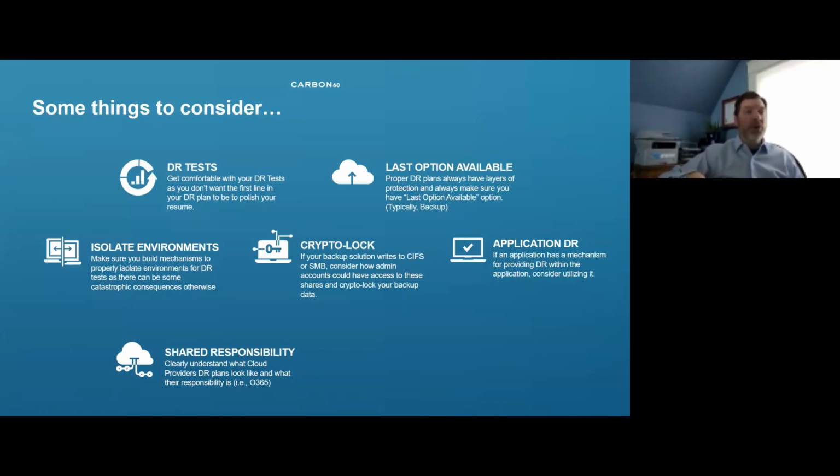An example in O365, if someone deletes an account, the actual data associated with it goes, and there's no mechanism to bring it back. And the other aspect is, if you had to bring it back en masse, or if you had to do it in a very granular nature, the tools that these providers provide may not give you a lot of flexibility, or the actual mechanism to do it might be cantankerous and take a long time.